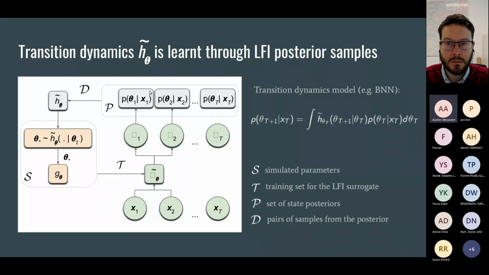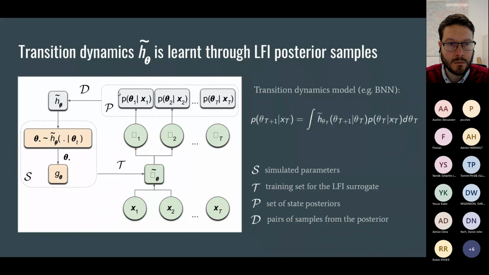So we pair the samples from the consecutive posteriors, we pair them randomly, and we use them to train the transition dynamics model. So we have plenty of very noisy data, and we use it to train the transition dynamics model.